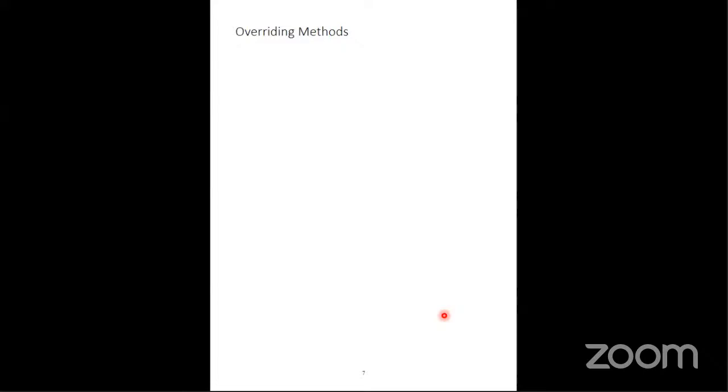Now, what is overriding? A very important concept. Let's say there is a superclass, and in this superclass there is one method. When I create an object of this superclass and invoke the method, naturally that particular method will be called.